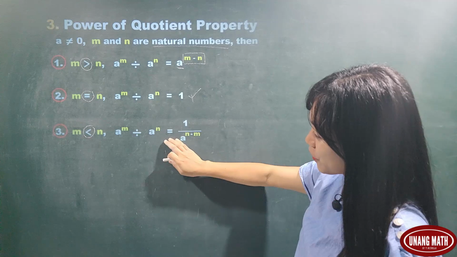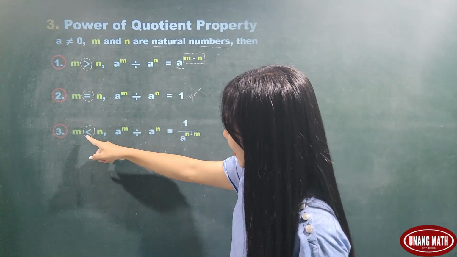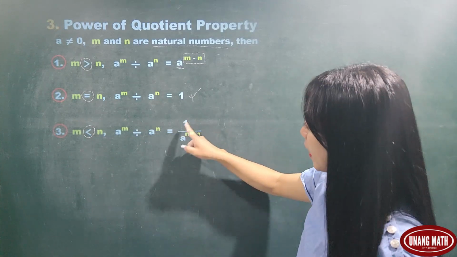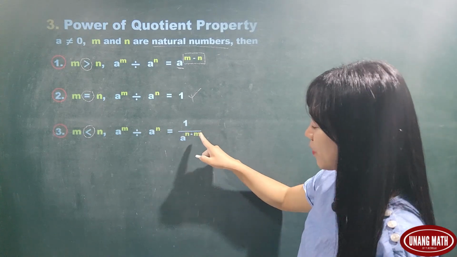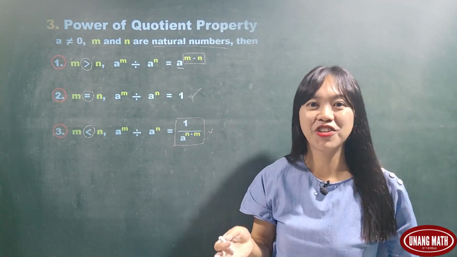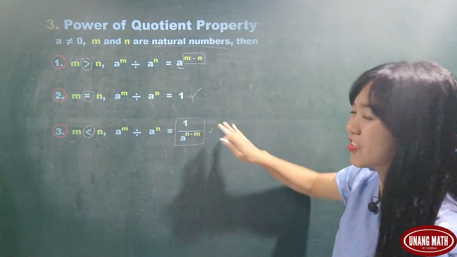And then the third one is if the exponent of the dividend is less than the exponent of the divisor. So this is equal to 1 over a raised to the power of n minus m, or the answer is a fraction.